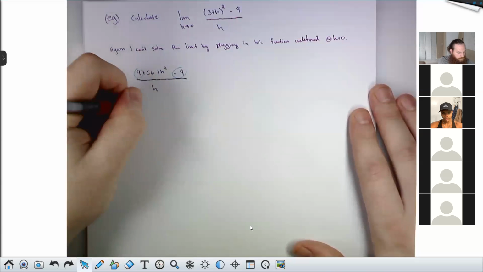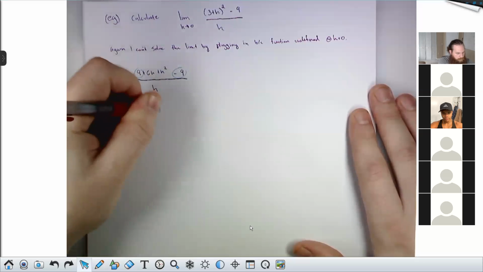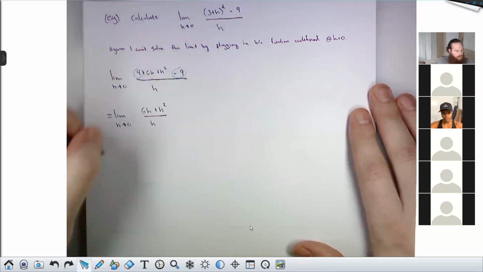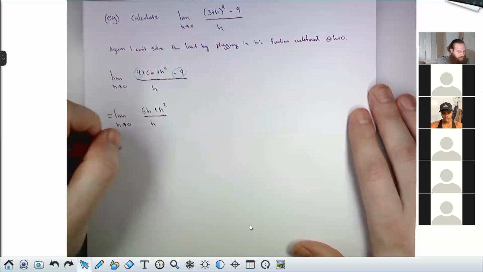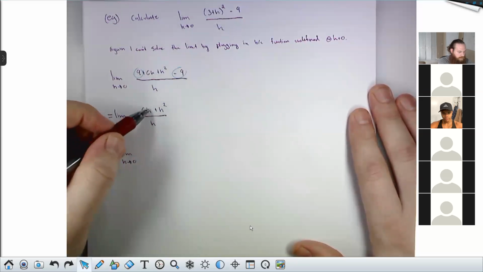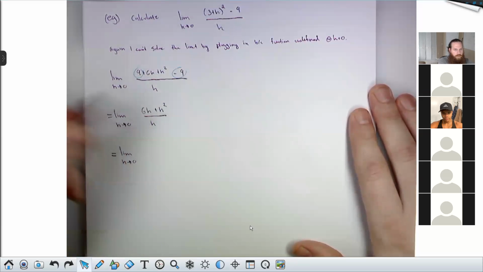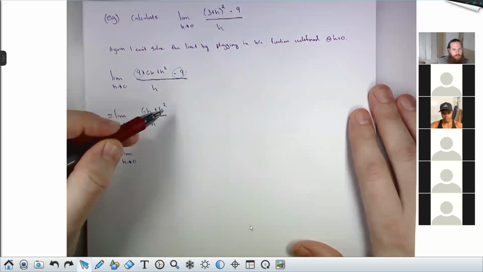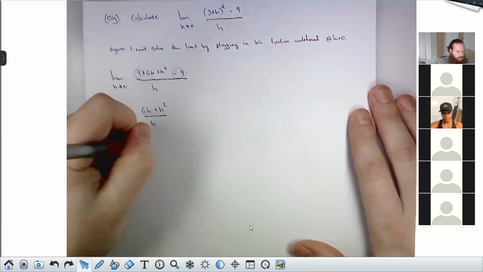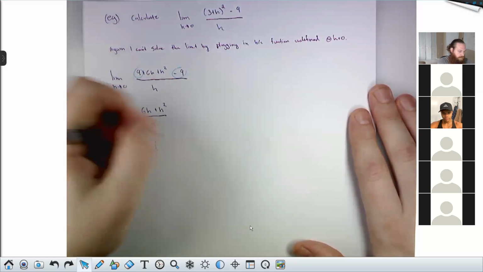When the 9s go, we have 6h plus h squared over h. From the numerator, I can factor out h. And that's something I always like to remind folks. I can't just cancel these h's like this. That doesn't work. The only time you can ever cancel top to bottom is if you have a common factor. So your previous step needs to be factoring if you're going to cancel something.